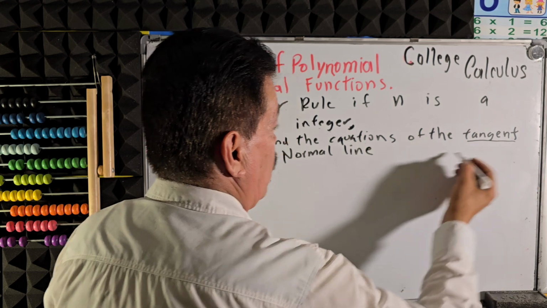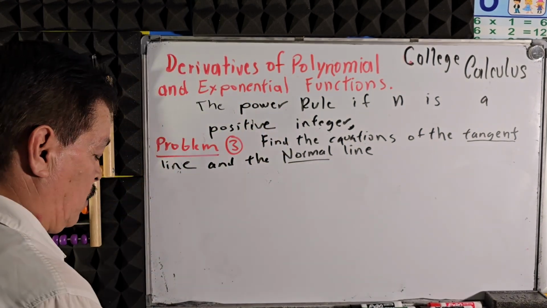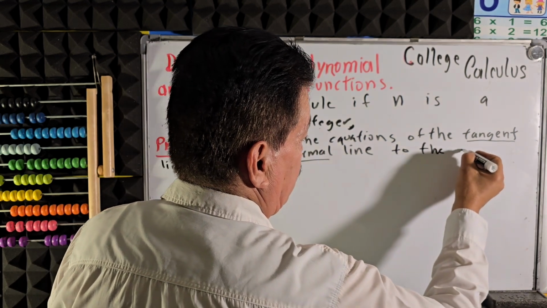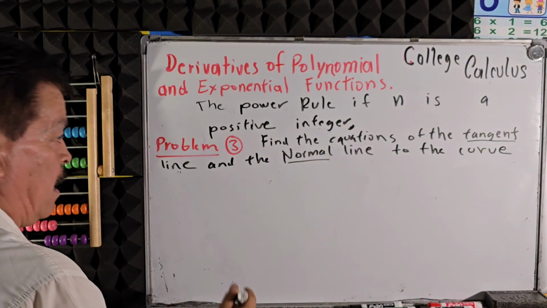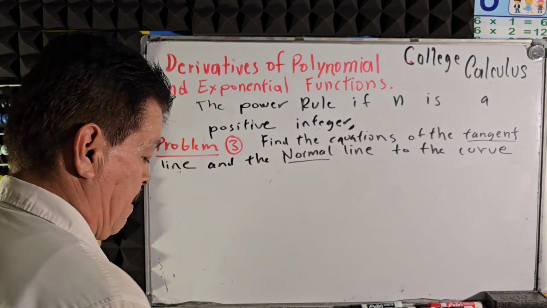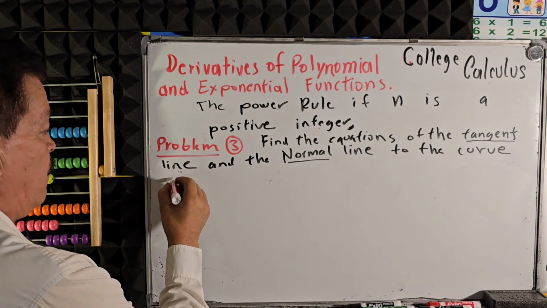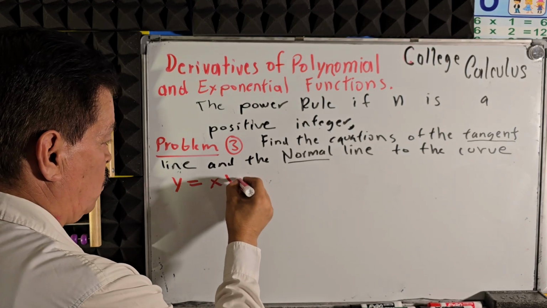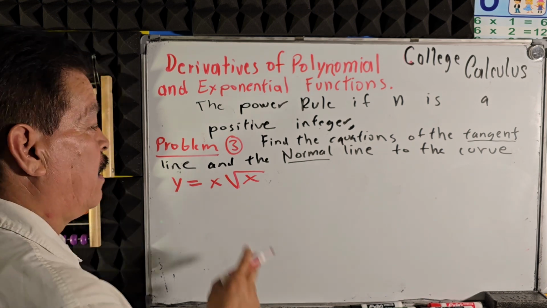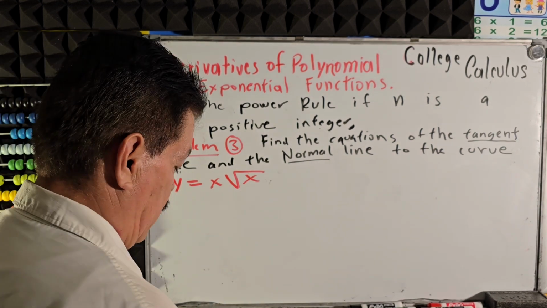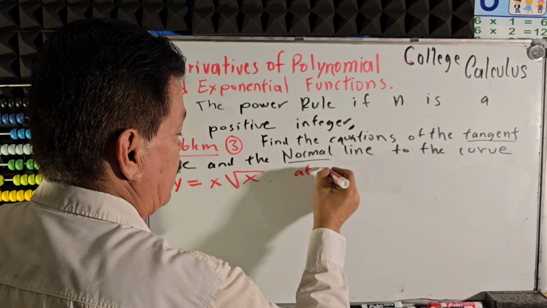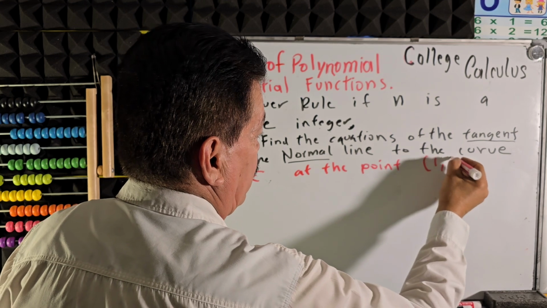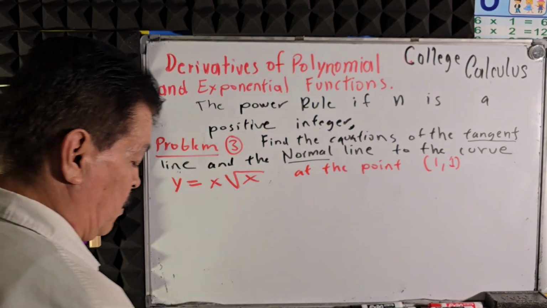So tangent is one concept, and the normal line, both lines to the curve. This is our problem from this question. Y equals x square root of x at the point 1, 1. Okay, at this point.